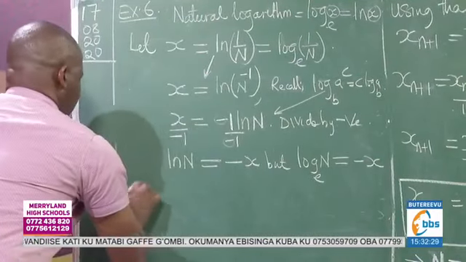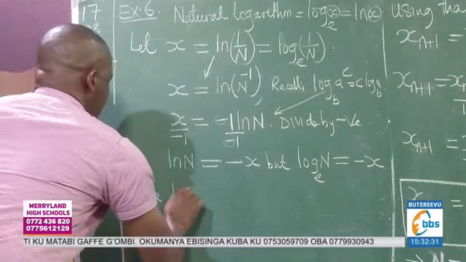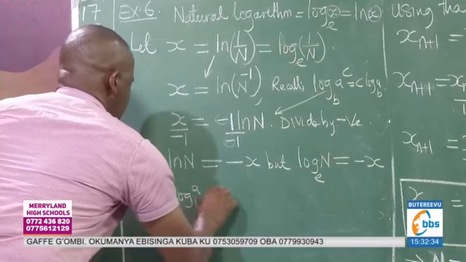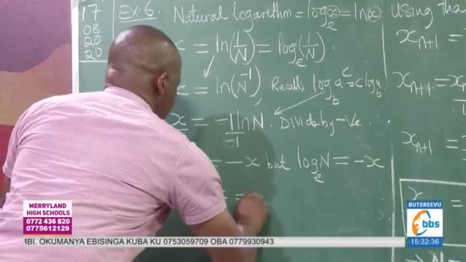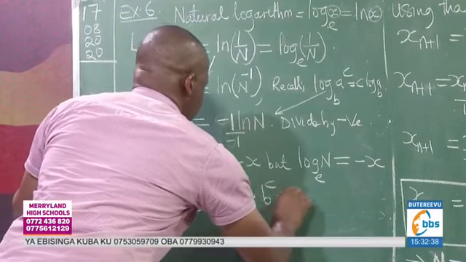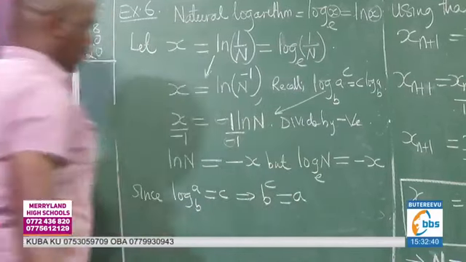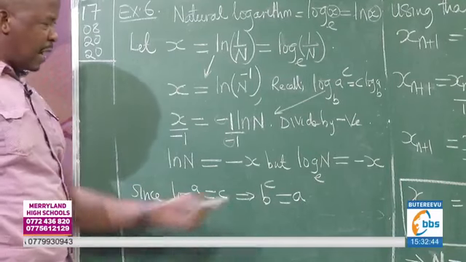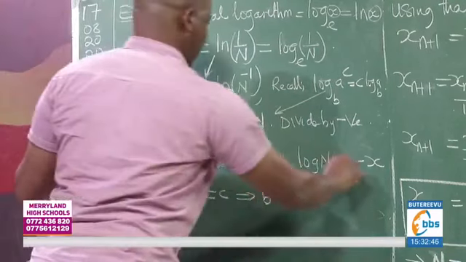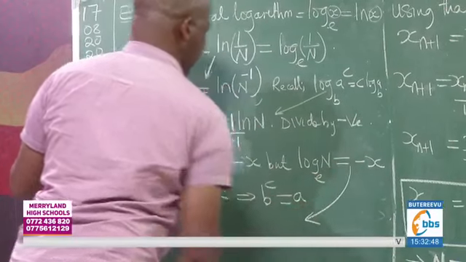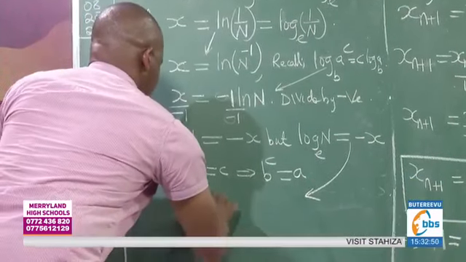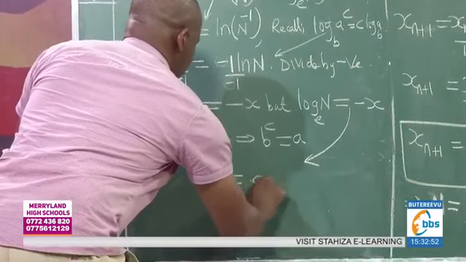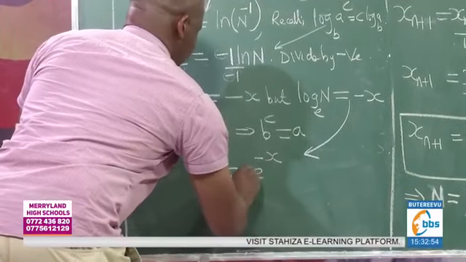And I will say that since log a to the b being equal to c implies that b to the c is equal to a, again there is another rule I'm quoting here. Since this rule dictates that, I can now write this as n being equal to e to the negative x.